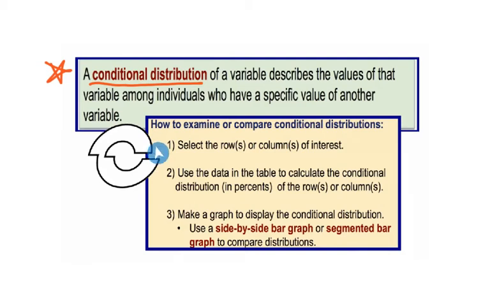So we're going to select either the row or the column of interest, use the data in the table to calculate the conditional distribution in percents of the rows or the columns, and then we can make a graph to display the conditional distribution. And you can use a side-by-side bar graph to notice the differences in the heights of the bars, or a segmented bar graph, which we're going to look at.